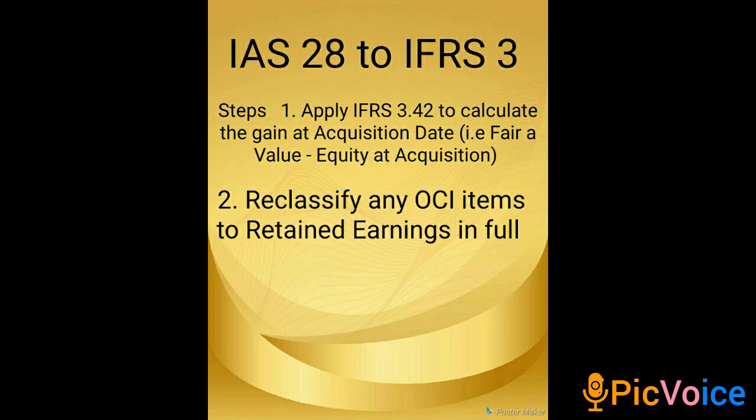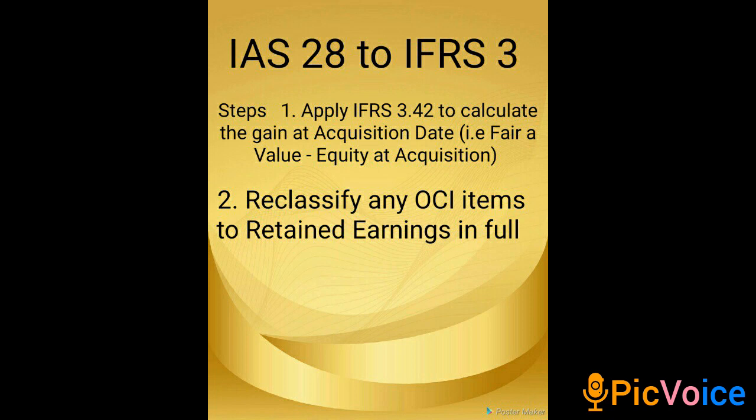The second one that we are looking at is when an associate goes to IFRS 3. Again, you have to apply 2 steps. Firstly, you must calculate the gain at acquisition. Now, this will be done in terms of IFRS 3 paragraph 42, where the fair value of the equity method will be given.